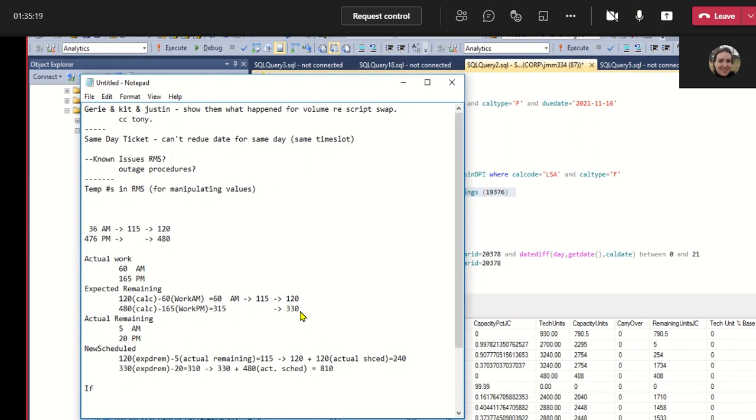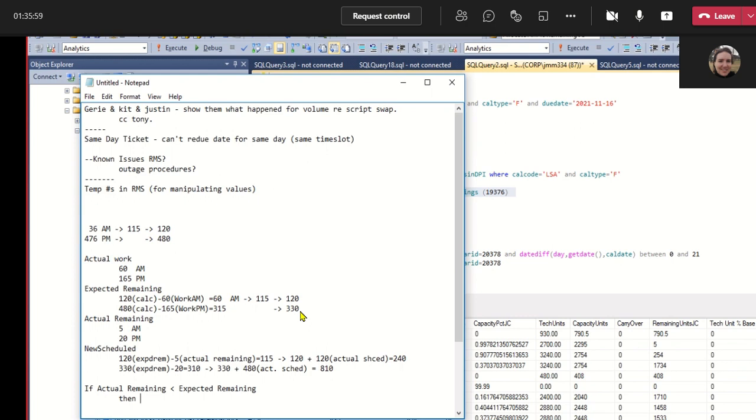Well, if actual remaining is less than expected remaining, and this is what I'm saying, I hadn't had a chance to vet this out for every possible case.